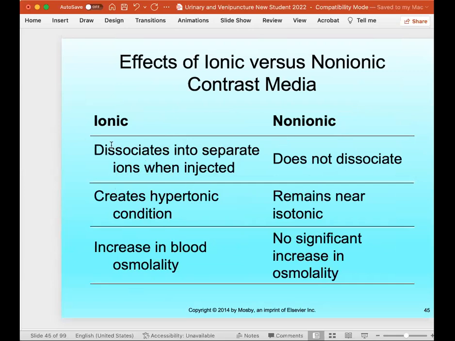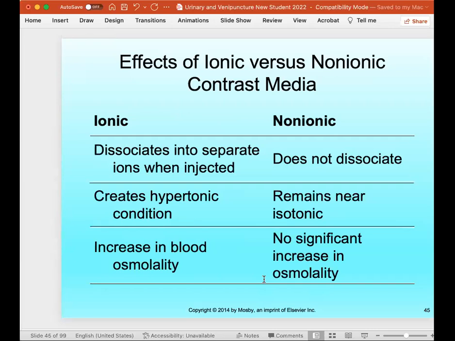With ionic contrast media, there's an increase in blood osmolality, okay? With non-ionic, there's no significant increase in osmolality, okay? So non-ionic contrast media is going to be very similar to the viscosity of blood and the thickness of blood.